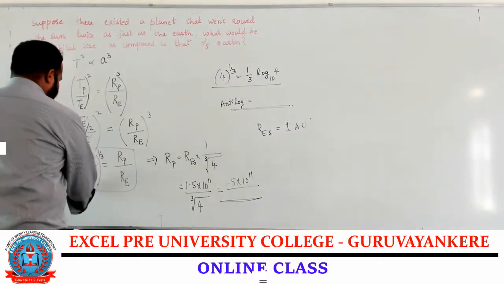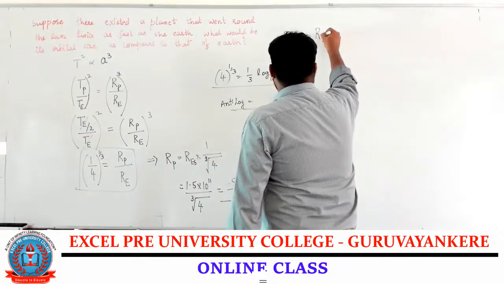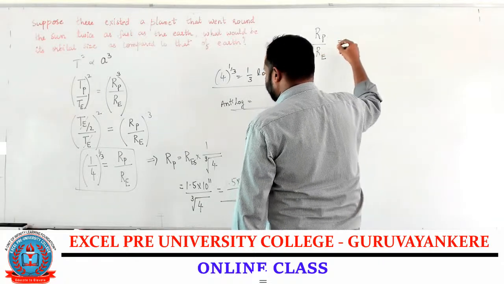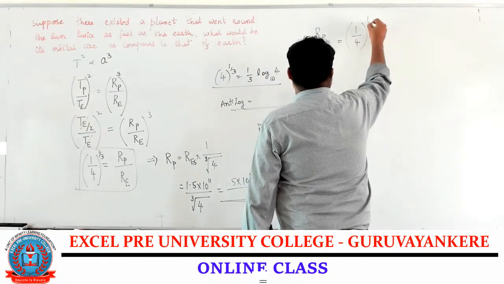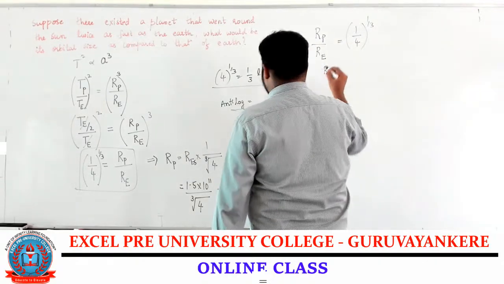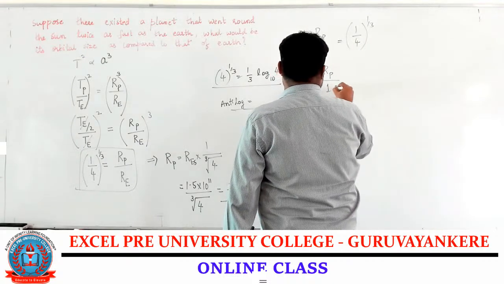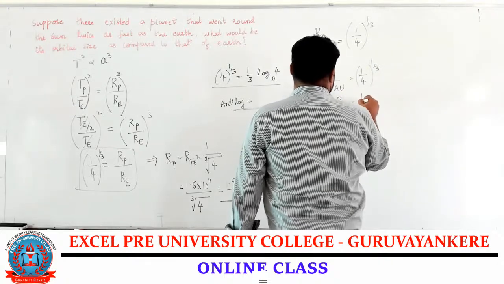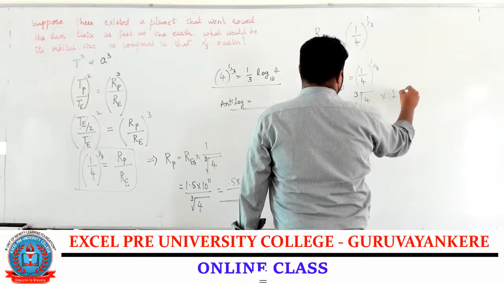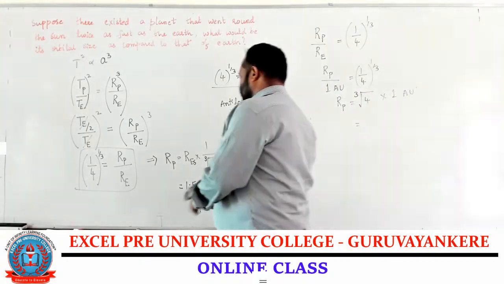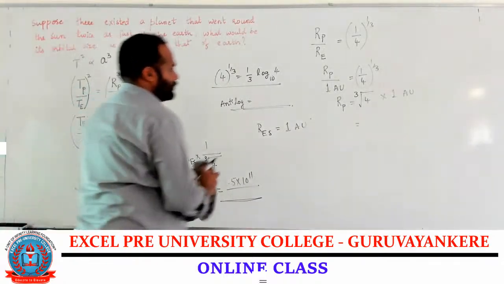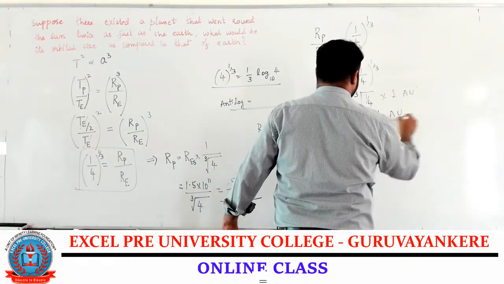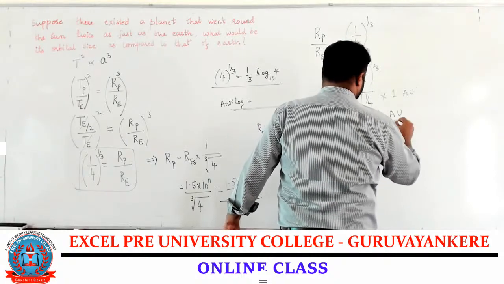Here, RP by RE is 1 by 4 to the power of 1 by 3. So RP by 1 astronomical unit equals 1 by 4th of the cube root. So the radius is 1 astronomical unit divided by cube root of 4.